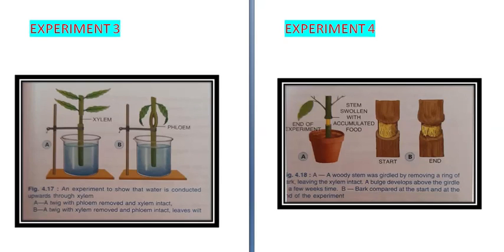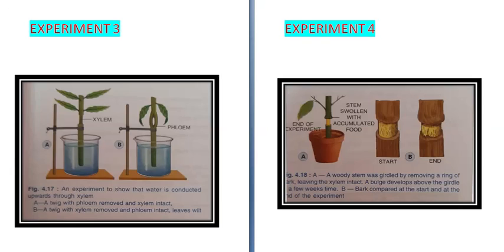Third experiment, what we have done, we have taken 2 plants over here. Okay, 2 leafy shoots have been taken and placed in a beaker with their lower ends dipped in water.